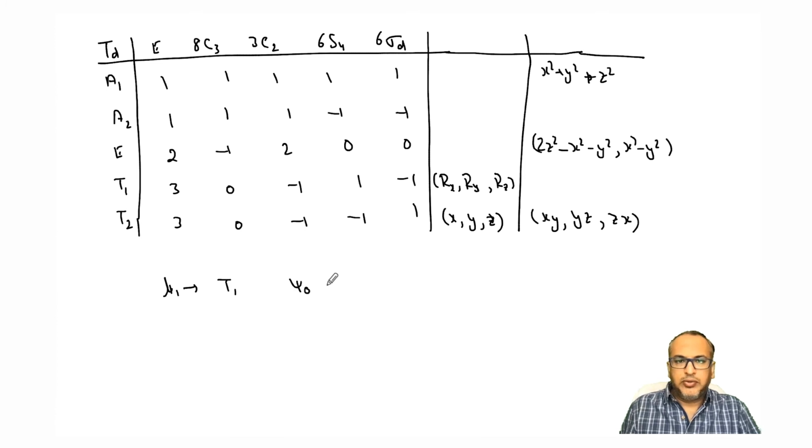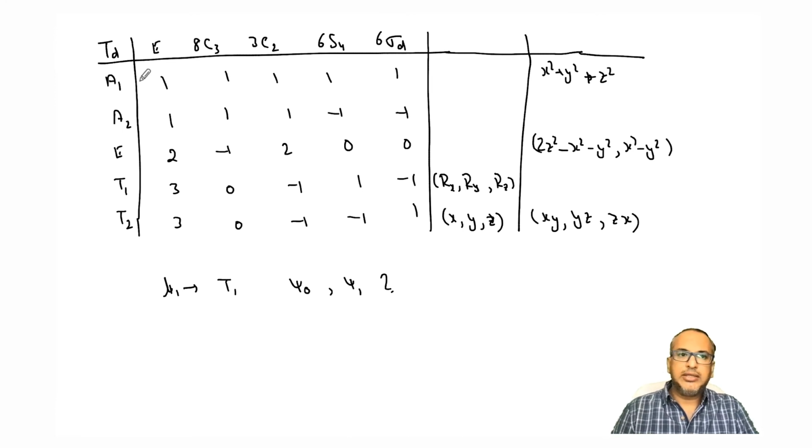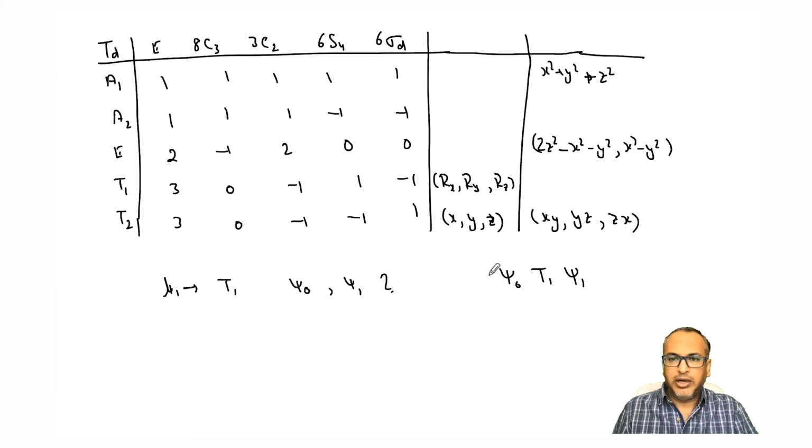Now psi 0 and psi 1, we don't know. Now we have to take a direct product of psi 0, mu and psi 1 so that the overall thing contains the totally symmetric representation, right? So what are the combinations which are possible? So you have psi 0, T1, psi 1, right? This is my integration. Now we know mu, so I have put T1 over here.